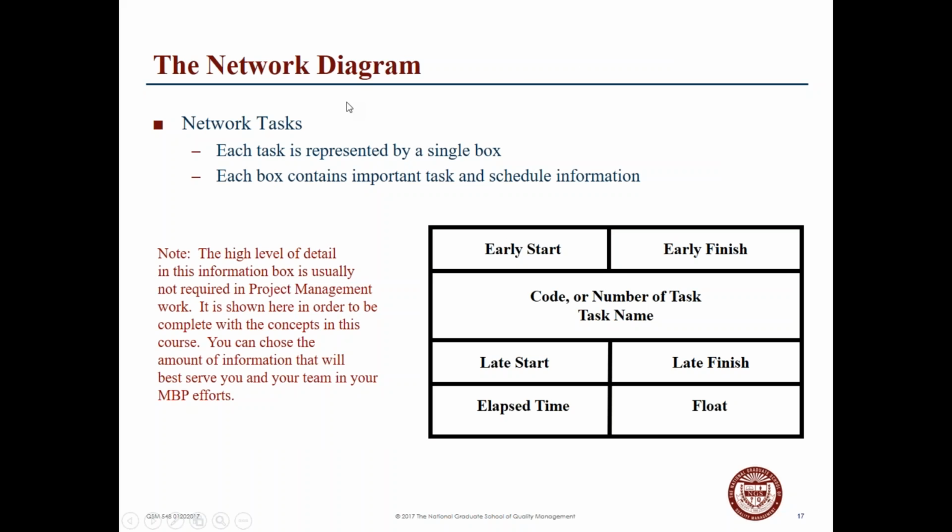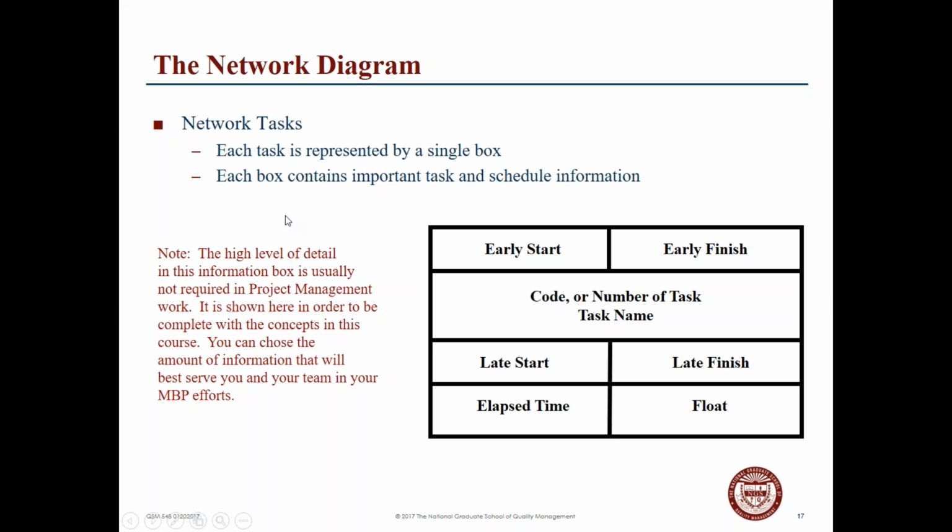So when we look at a network diagram, we look at the task. Each task is represented by a single box. So we could have the early start, the early finish, the code number of the task and the task name. We may have the late start, the late finish, and the elapsed time and the float.